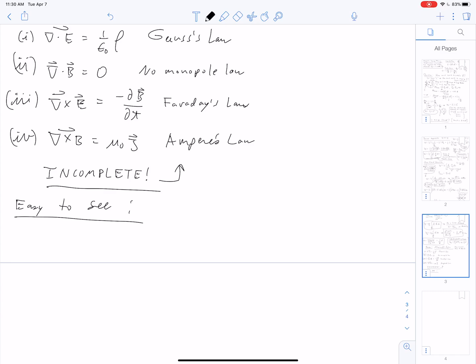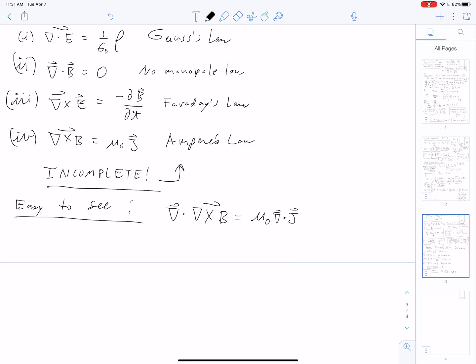If I have Ampere's law, del cross B equals mu naught J, then I can take the divergence of both sides. Check it out. Del dot, del dot. Why not? I can do it.